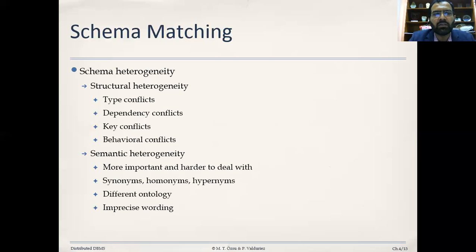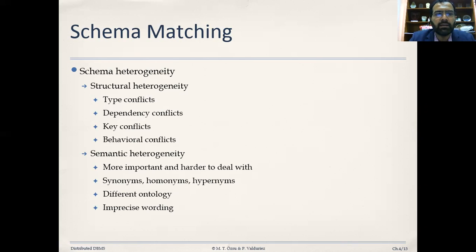All of these are called structural heterogeneity. Whenever we talk about a distributed environment, most of the time we are talking about a heterogeneous environment in which we might have various tables, various ways of representing the attributes, different keys, and various types.